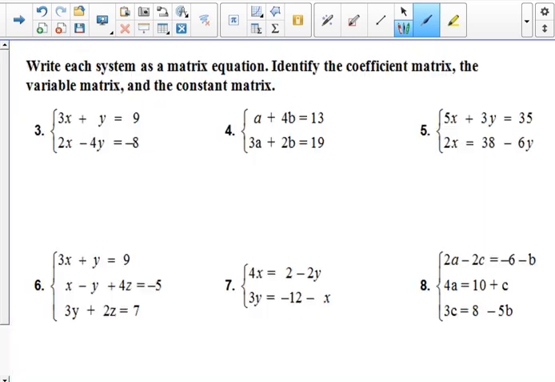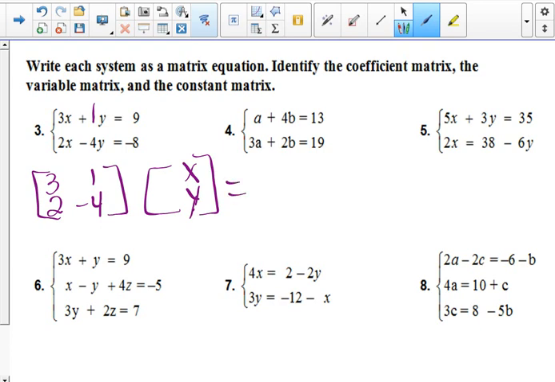Okay, let's look at our homework number 3, and then we'll go back to do one more. On number 3, we've got variables x and y, and we have coefficients, and we can turn this into a matrix operation. So we need matrix A, our coefficients. So what do we have? A 3, a 2, that's a 1, and a -4. And we know our variable matrix, we've got x and y's, so just x, y.